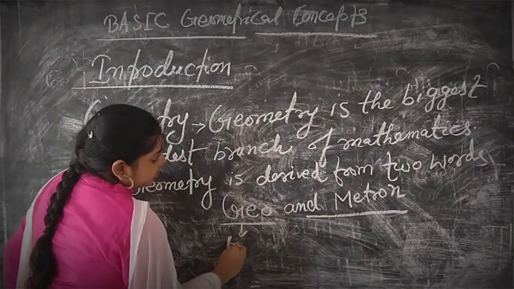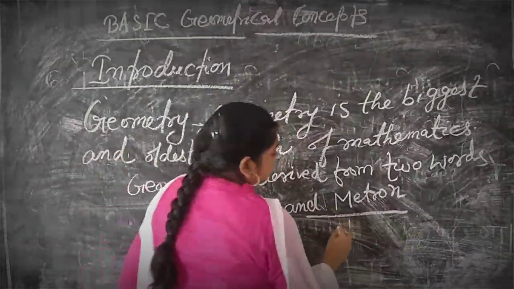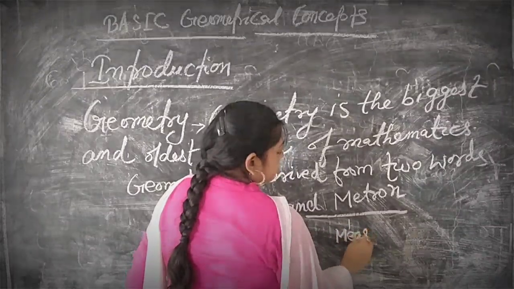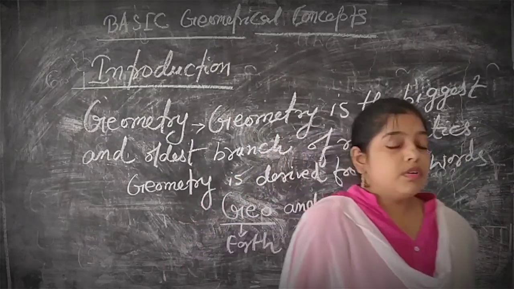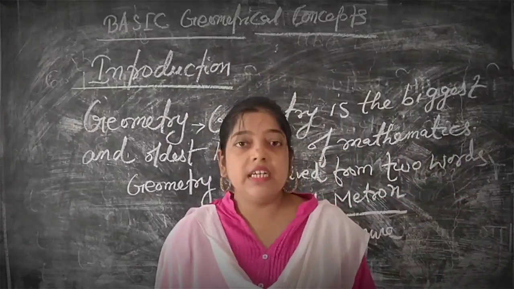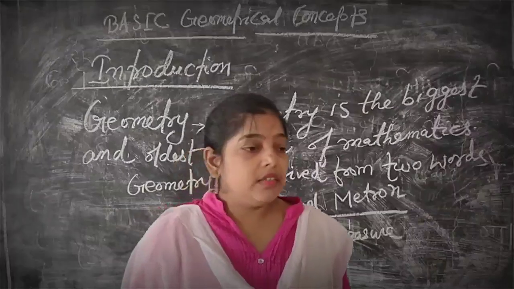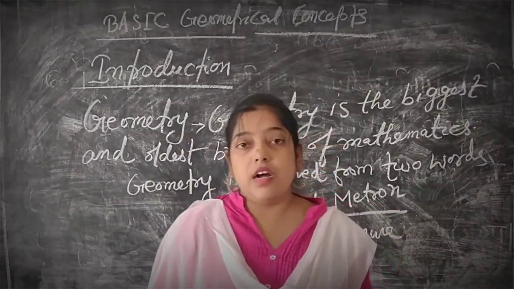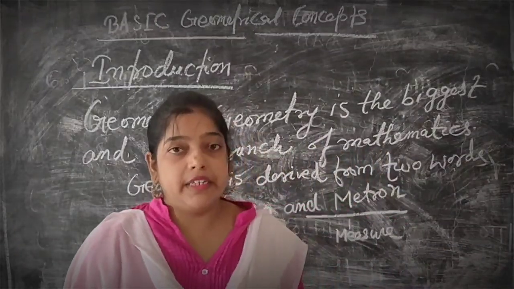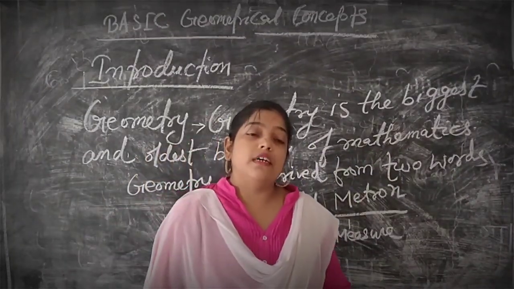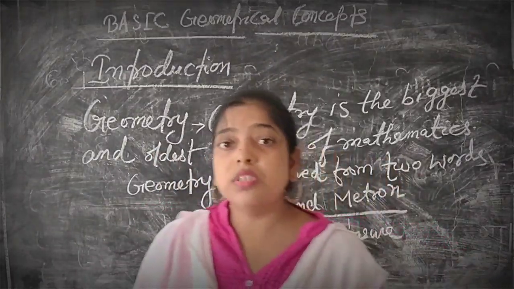Geo means earth, and metron means measure. In our daily life we are measuring things, such as buildings, planes, and architecture made up of buildings. So how can we measure? We measure things using our tools.